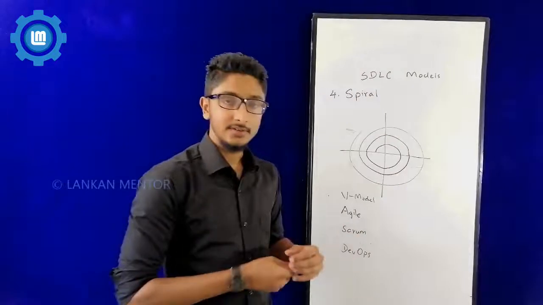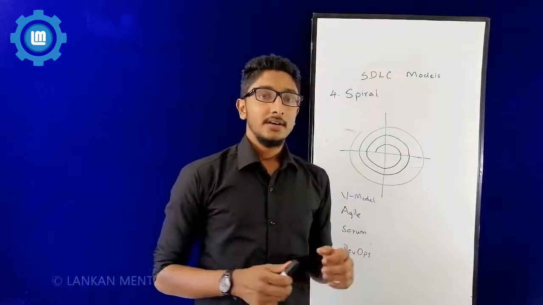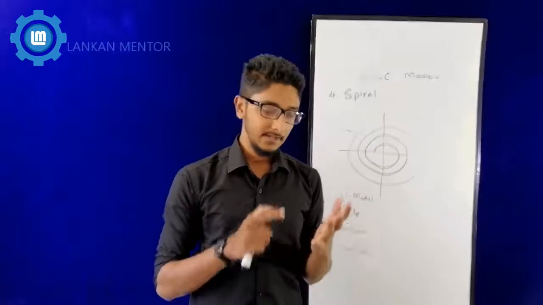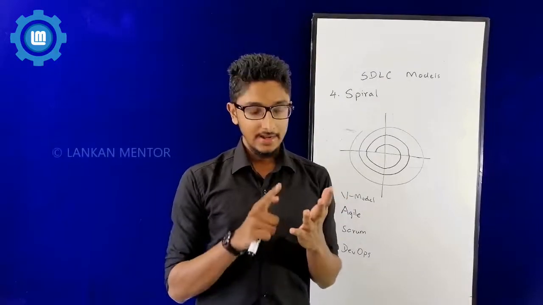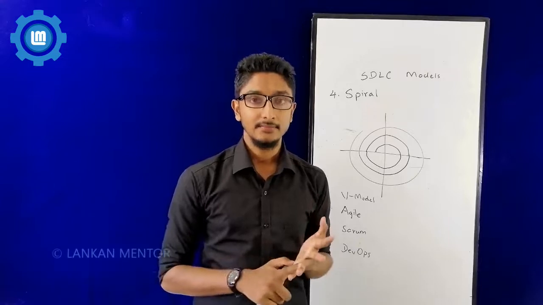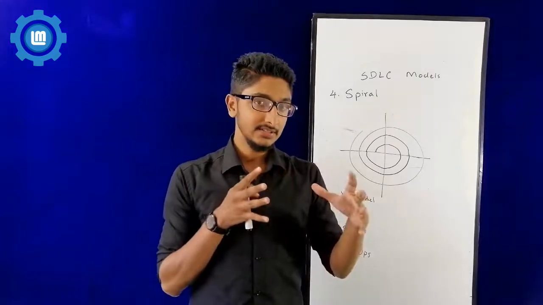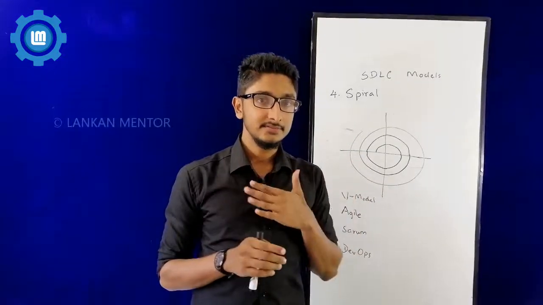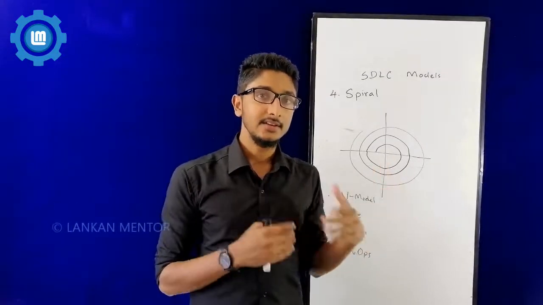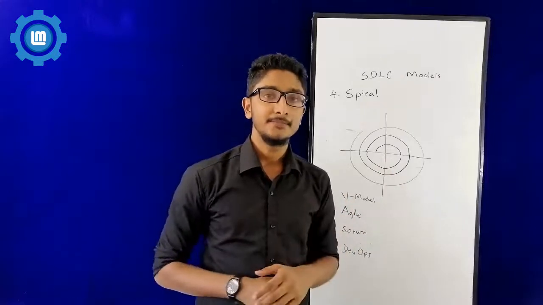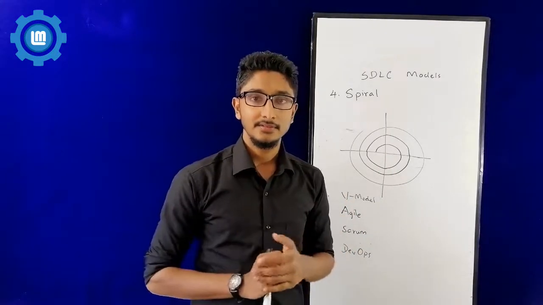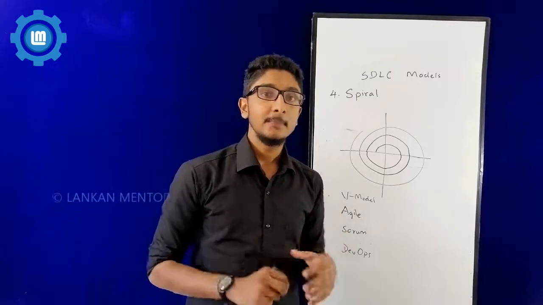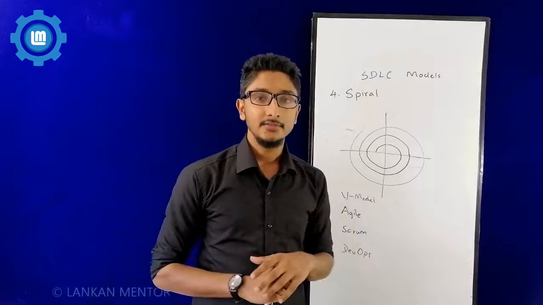For the moment, it is important for you to know the differences between the waterfall model and the iterative incremental model. I have discussed these things deeply. If you can't remember, just go back, rewind the video, and note them down: the problems, advantages and disadvantages between the waterfall model and the iterative model.